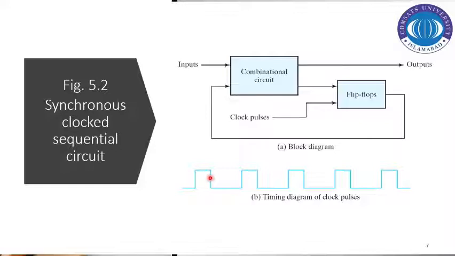So either we can achieve the synchronization by levels, or we can achieve our synchronization by synchronizing a circuit with these edges. So edge-based synchronization is most commonly used, and the transition to the outputs happens on that specific edge of the clock. Either it's a positive edge or the rising edge, or it's a negative edge or the falling edge or trailing edge.